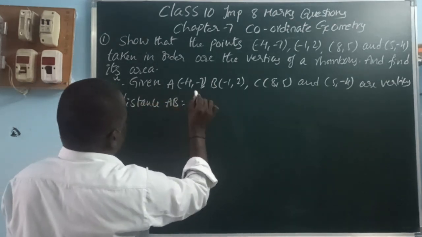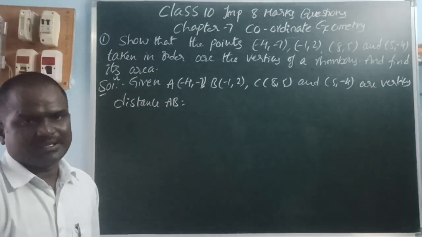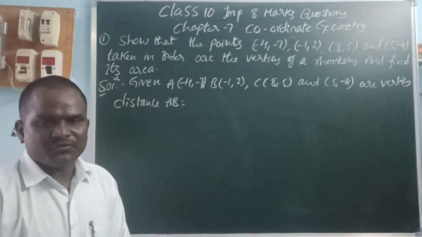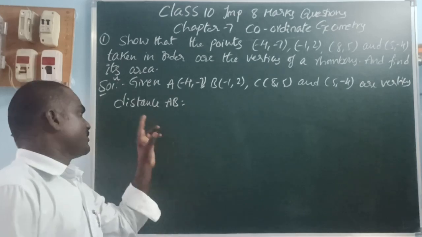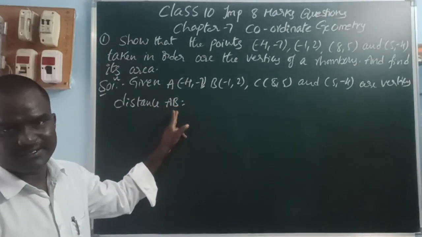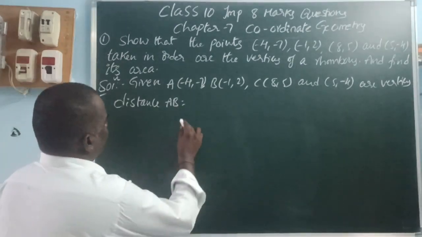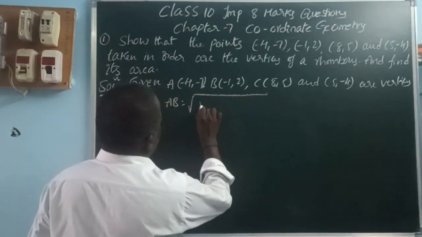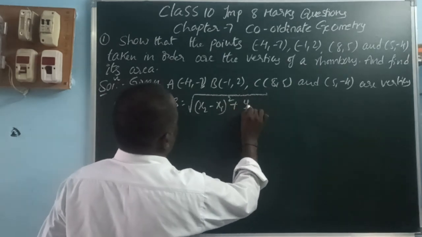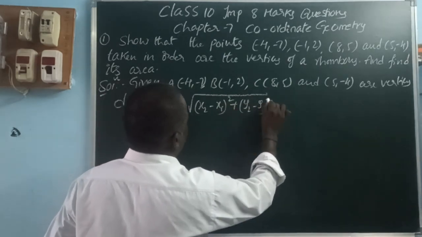How can we prove that the adjacent sides are equal? By using the length of the side. How can we find the length of a side? By using the distance formula between points A and B. Okay, so what is the formula? Square root of (x2 minus x1) whole square plus (y2 minus y1) whole square.